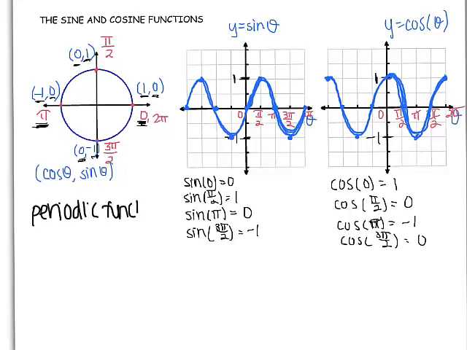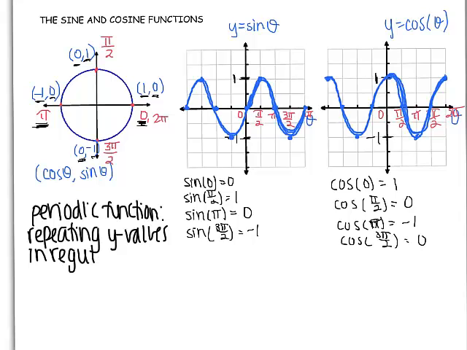Now, a periodic function is a function that has repeating y values in regular intervals. So you can see these y values continue to repeat on both the sine and cosine curve, and it happens in these regular intervals.